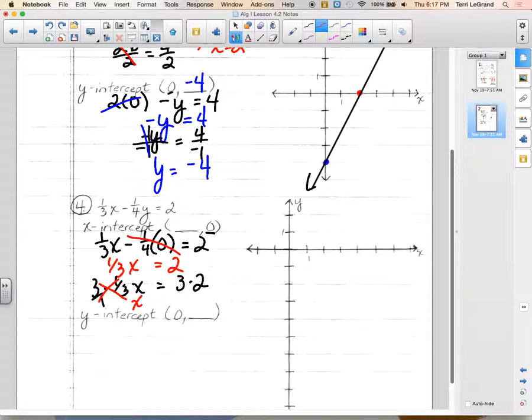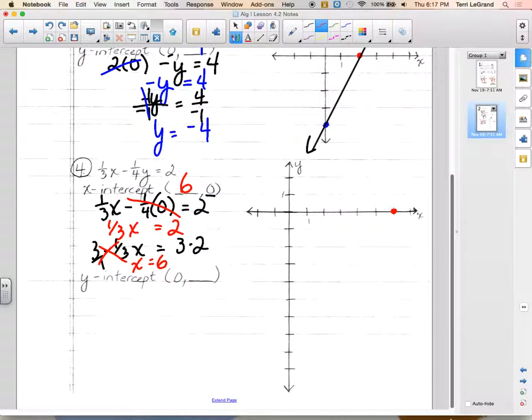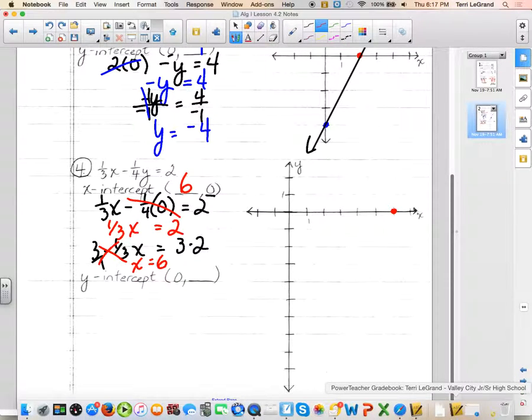We have x by itself now. X equals whatever 3 times 2 is, that is 6. So our ordered pair name for the x-intercept is the ordered pair (6, 0). So we'll go over on the x-axis to positive 6 and plot a point. And now we'll do our y-intercept.